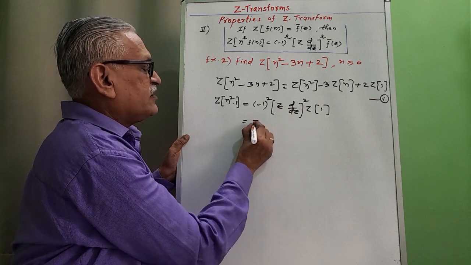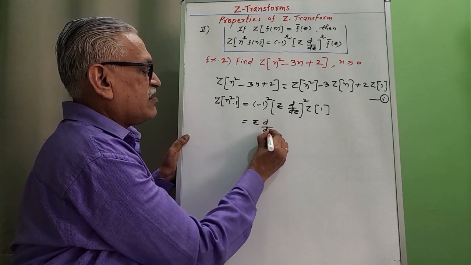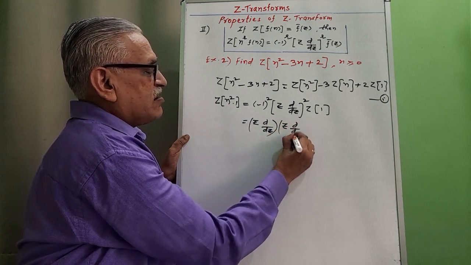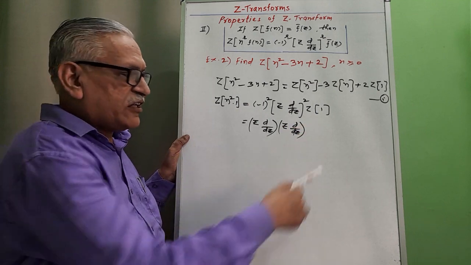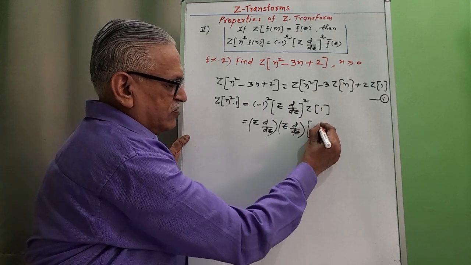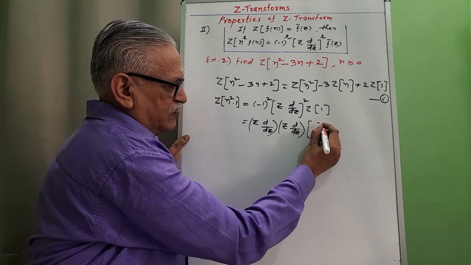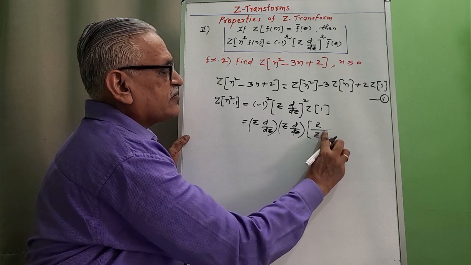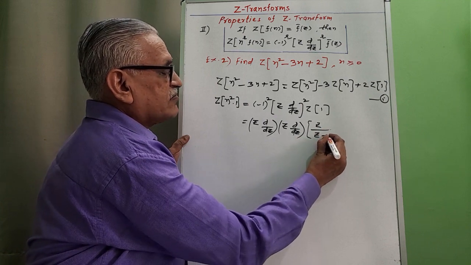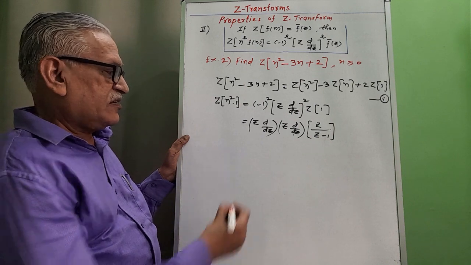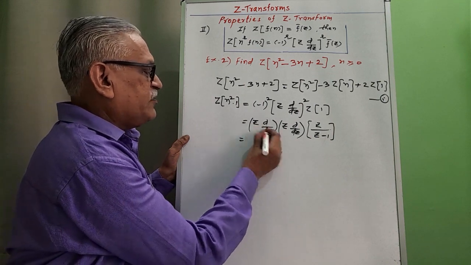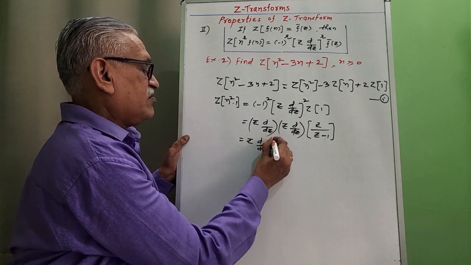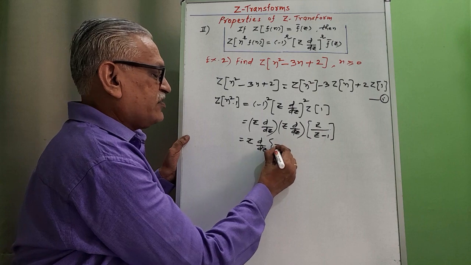We split this as z d by dz and again z d by dz, and the Z transform of 1 is z upon z minus 1, standard result. This z d by dz is as it is, no change. This z also as it is, no change.